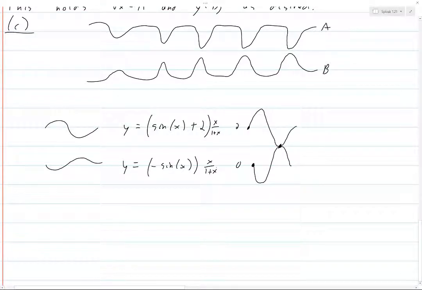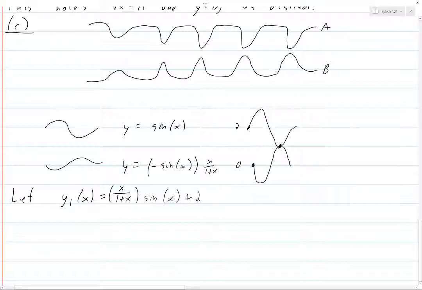No. We need the plus 2 out there, so okay, here we go. Let y1 of x be x over 1 plus x times sine of x plus 2, and we're going to let y2 of x be minus x over 1 plus x sine of x.